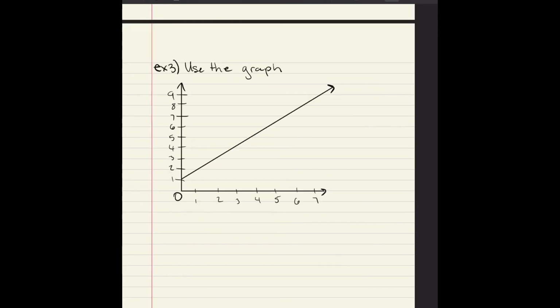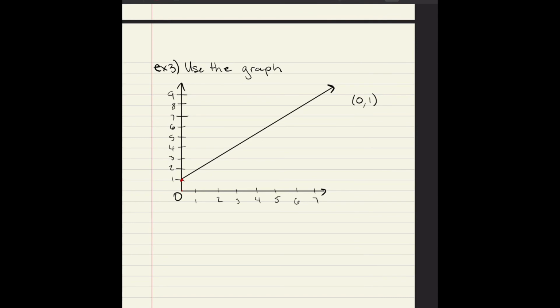All right, for this, you are given a graph and have to find the linear equation. So we need to look at, so we have 0, which starts at 1. So our first coordinate pair is 0, 1.